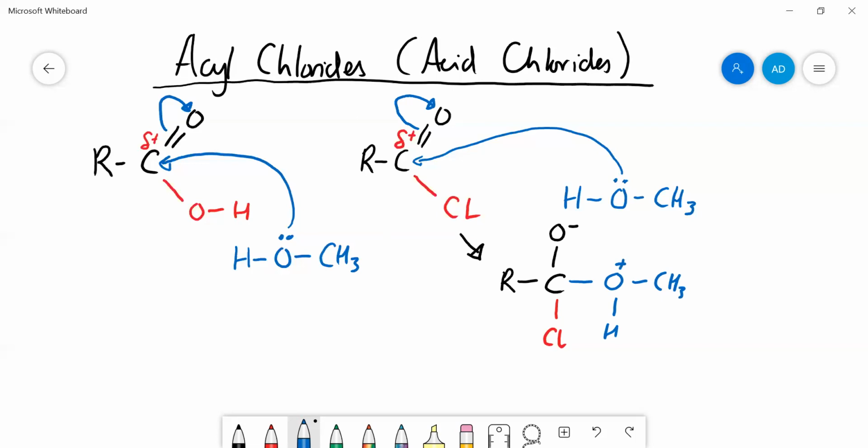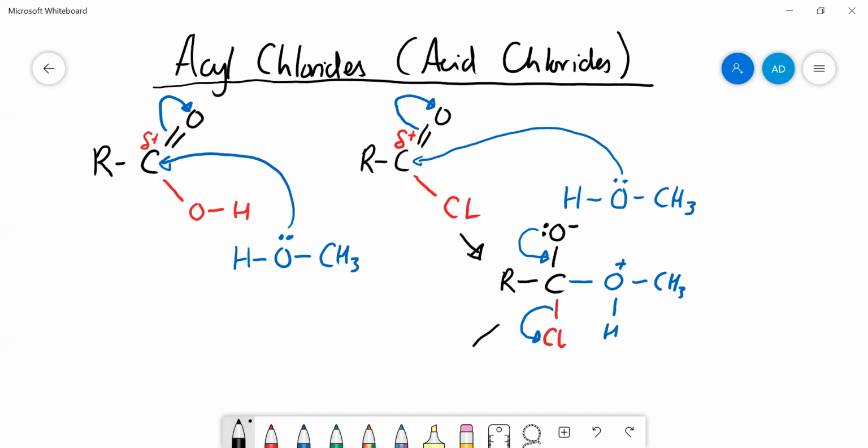Okay, now if you remember what happened with the reaction with the carboxylic acid, the next step of the mechanism is for the lone pair on the oxygen to reform the pi bond, and then the bond here, in this case with the carboxylic acid, the bond to the OH breaks. In this case, it's the bond to the Cl that breaks. Okay.